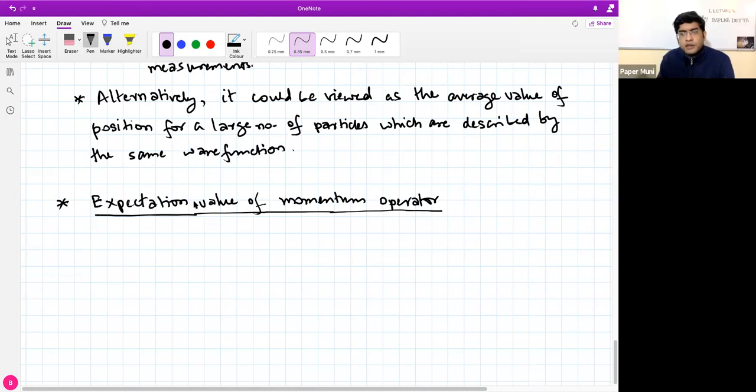See, if I say that there are 100 copies of the same system, it cannot be very different; everybody will have the same wave function. It's defined in that way.